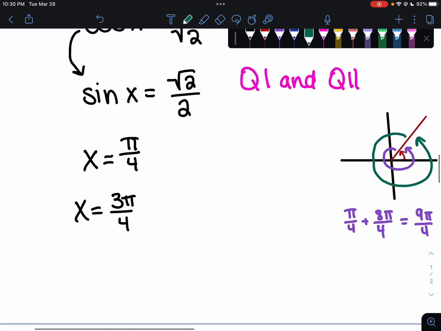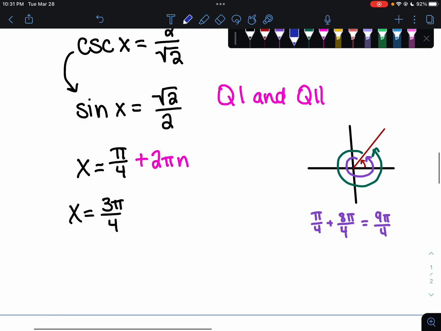So how we account for this when we have no domain restriction is we put plus 2 pi times n, where n can be any number. It represents the number of revolutions around the circle, the number of times you go around the circle. So the purple would be n equals 1, the green would be a second time around, and then my blue would be a third time around, like that.